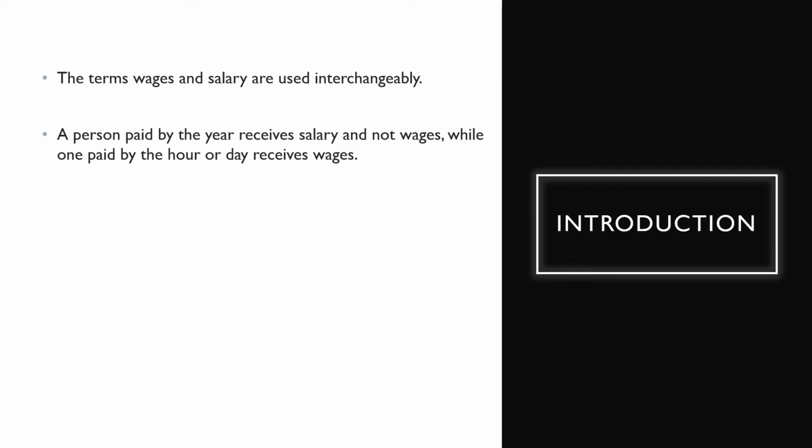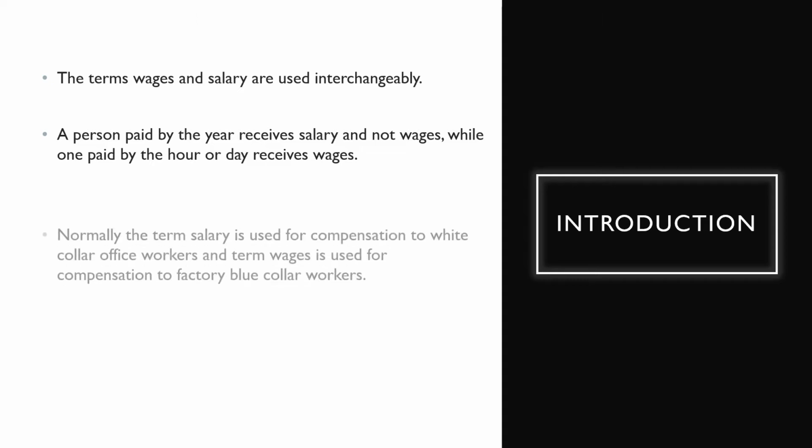What we get for our work on a yearly basis or on a monthly basis, we can consider as salary, whereas what we get on a day basis or on an hour basis, we can consider as wages.